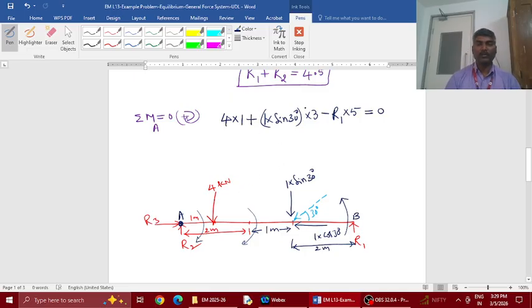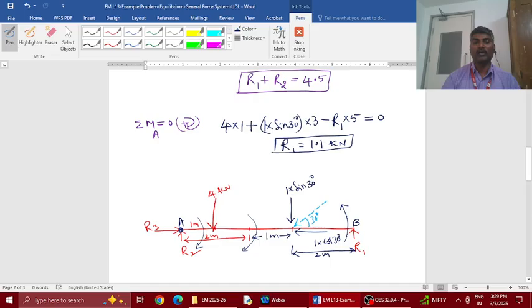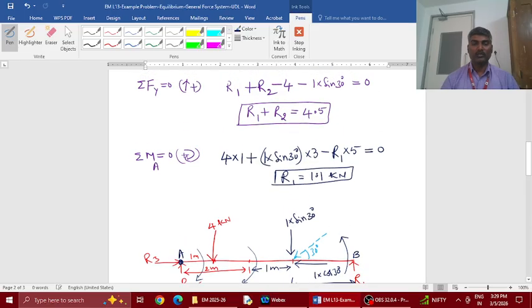If you solve for R1 from here, we get the R1 value, which is 1.1 kilonewton. Earlier we had an equation with R1 and R2, so substituting R1 there, we get the R2 value, which is 3.4 kilonewton.